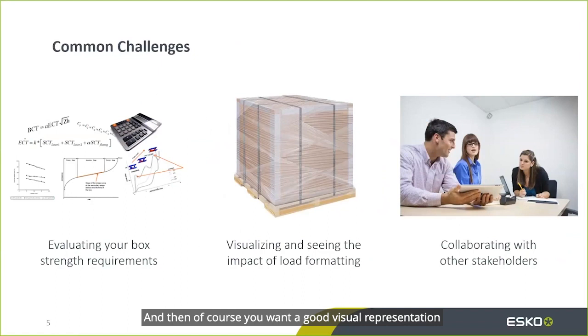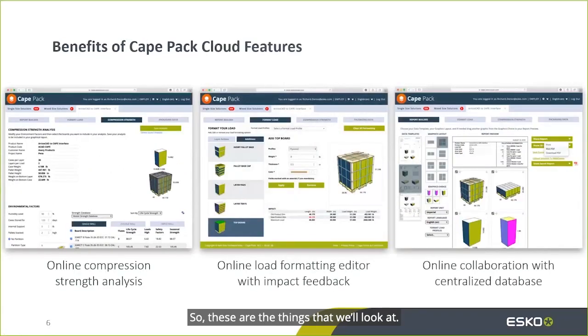And of course, you want a good visual representation of all of these load format conditions as well. Finally, once you have all of this data, what's the most efficient way to share the information with your shipping department or estimator that has to run cost, or your customer or supplier, depending on where you are in the supply chain? So these are the things that we'll look at.